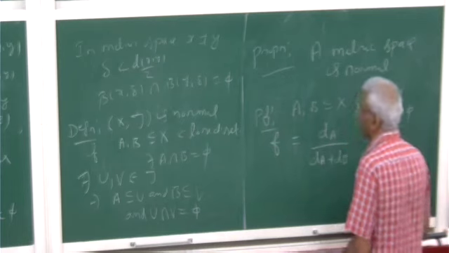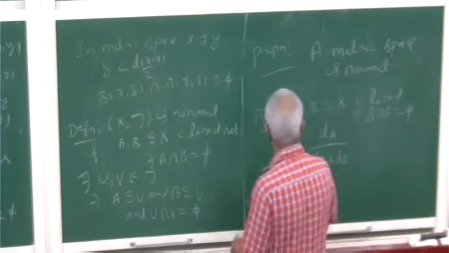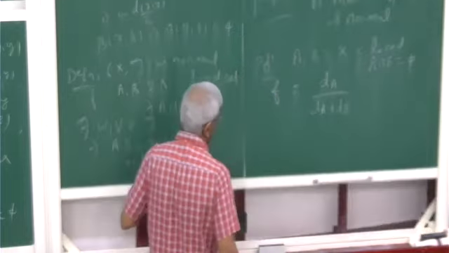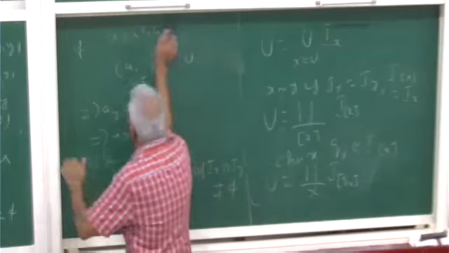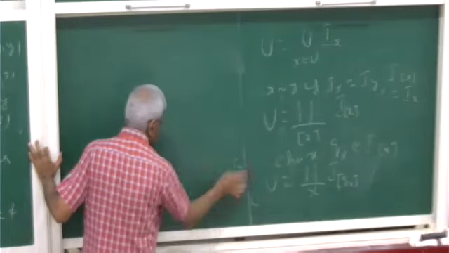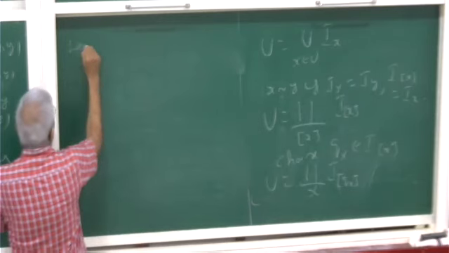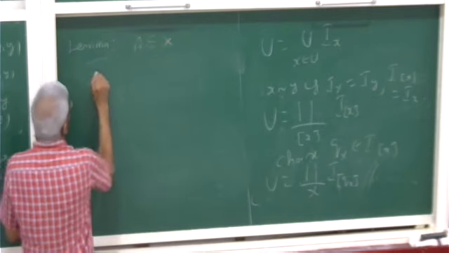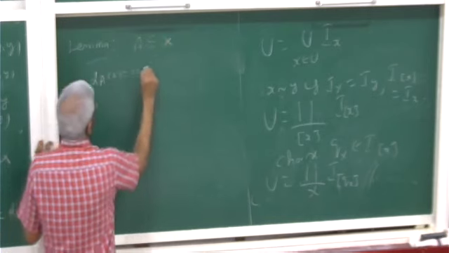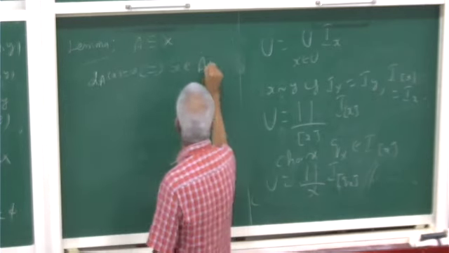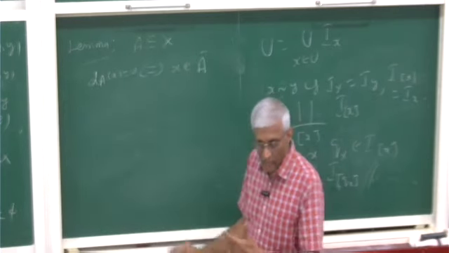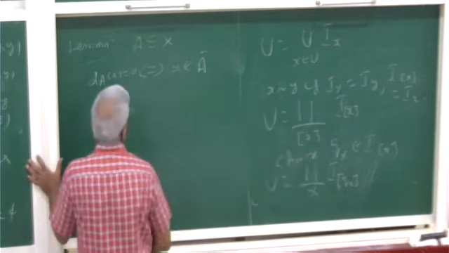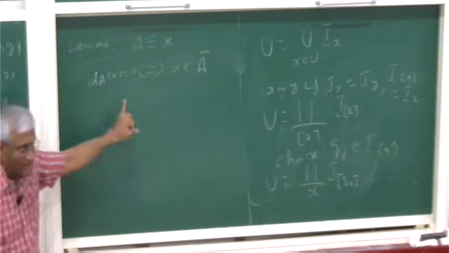Before that I need a small lemma, which is very easy. If A is contained in X, then d_A(x) equal to 0 is equivalent to saying x is in the closure of A. It's easy, clear? By definition.